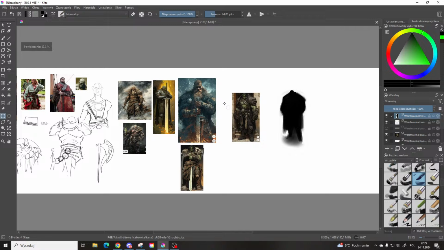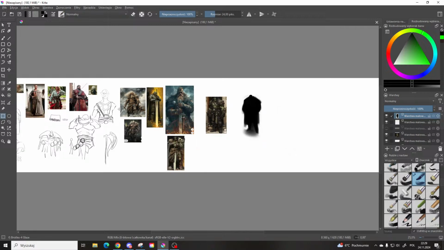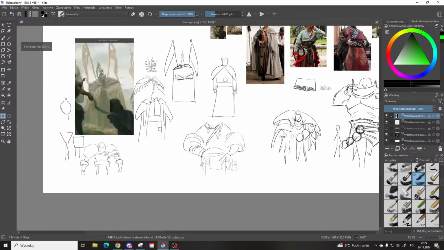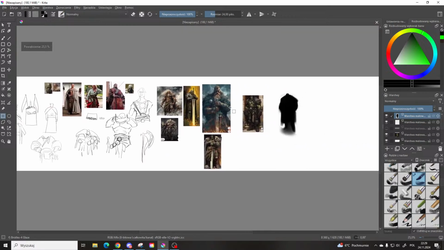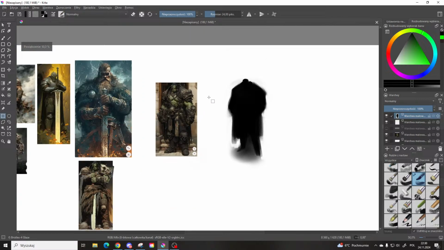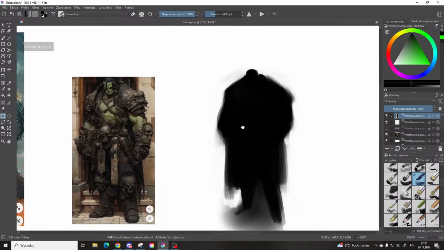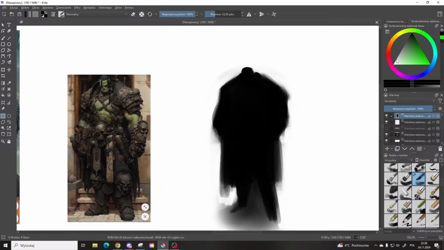It's probably mostly the same. You're just checking references, making some sketches, thinking what would work and why, and seeing what things don't make sense. Making environments is another long story to tell.